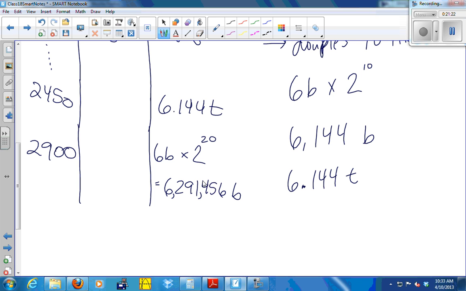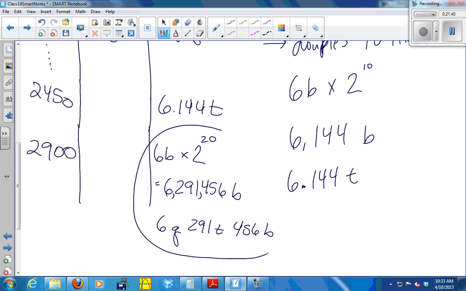Maybe I'll just write it down. 6 quadrillion, 291 trillion, 456 billion people. That's way overcrowded, right? It won't fit. So those are all different ways of expressing the population in the year 2900.